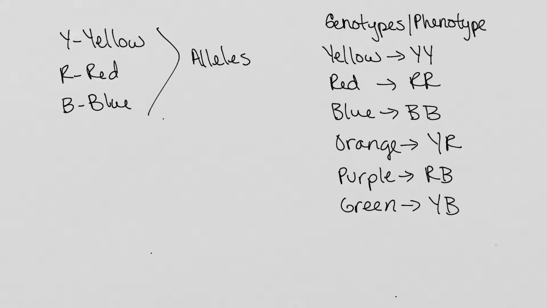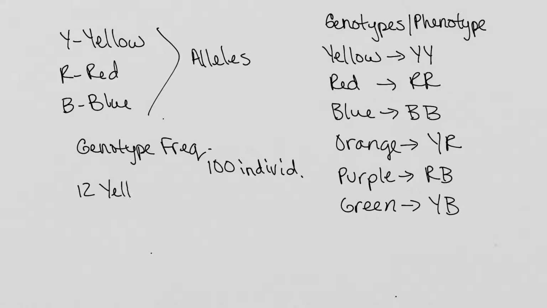Now, if we're looking at something asking us to come up with the genotype frequencies, let me write that here so we have something to analyze. If, for instance, you have a total population of 100 individuals, and we'll say that 12 of them are yellow, let's say 22 happen to be orange, and so on.